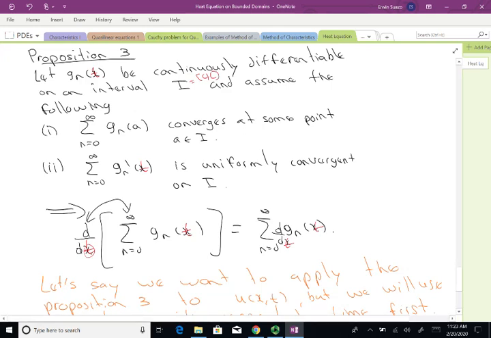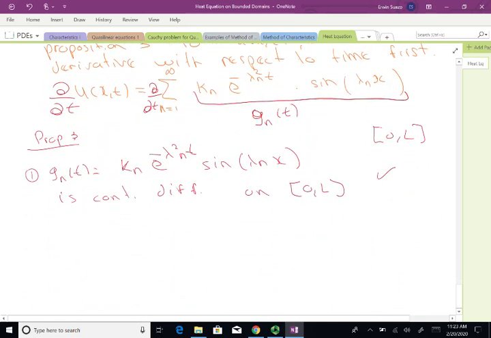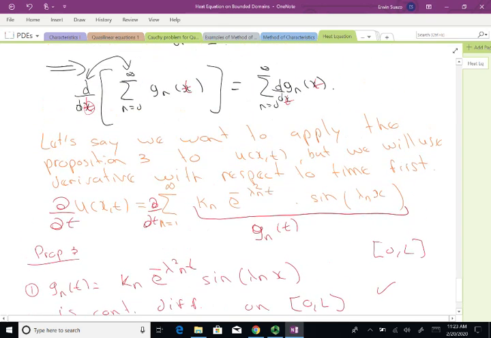And then you will have to check that the sum from 0 to infinity of the derivatives, so you have to check 1, you have to check 2. You need to find a such that the sum of Gn at a, from n to infinity, is less than infinity.